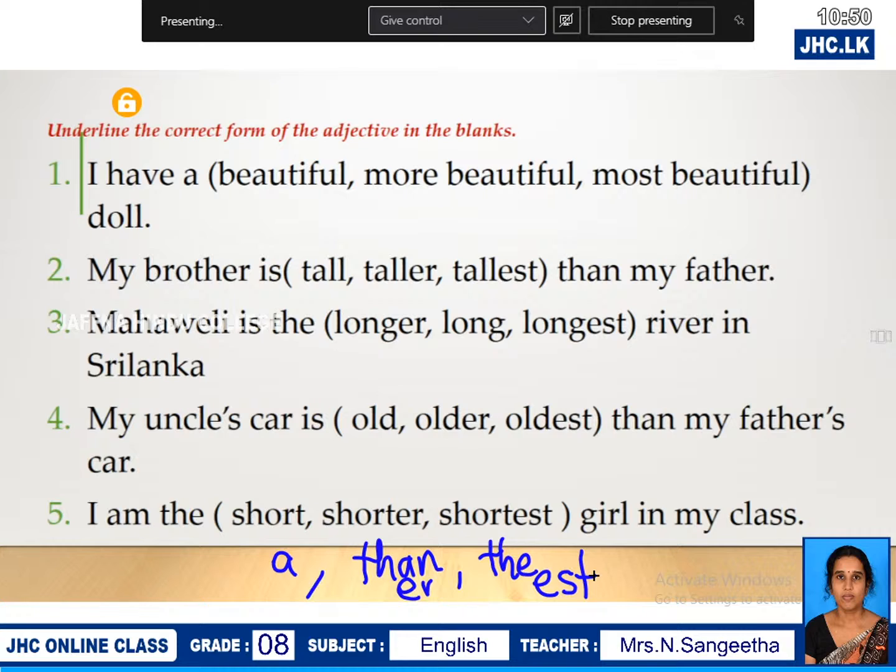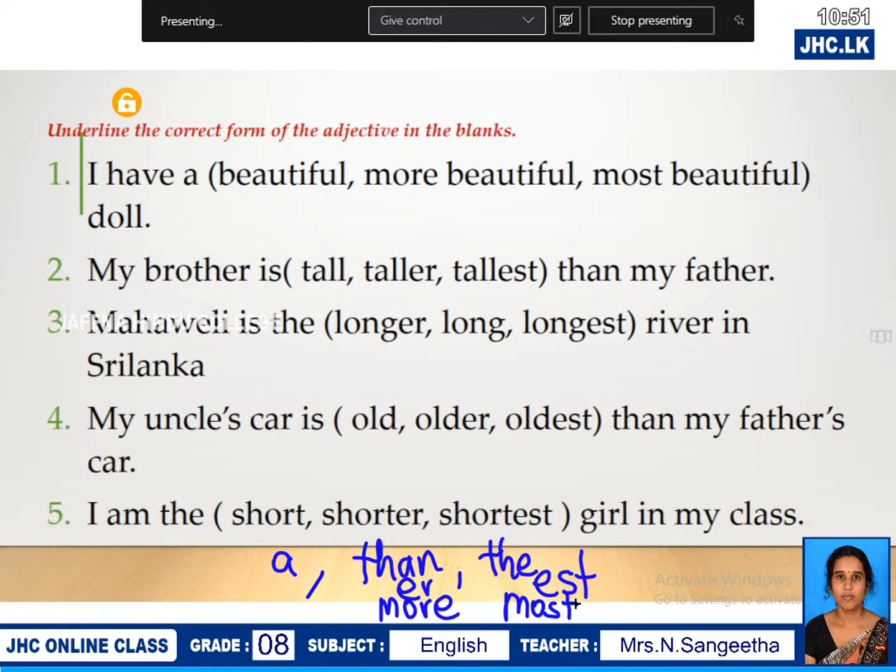In some instances, if a word has more than three syllables, we use more, and for superlative we use most. But there are exceptions also. Good, better, best. Bad, worse, worst. You have seen the exceptions.